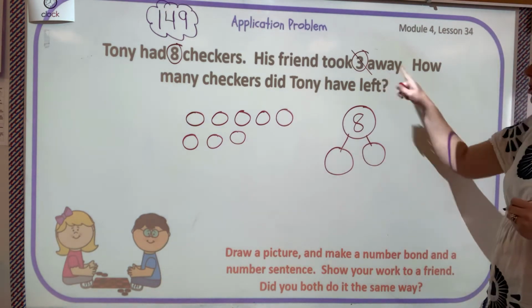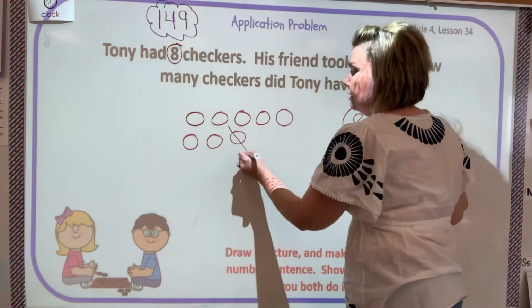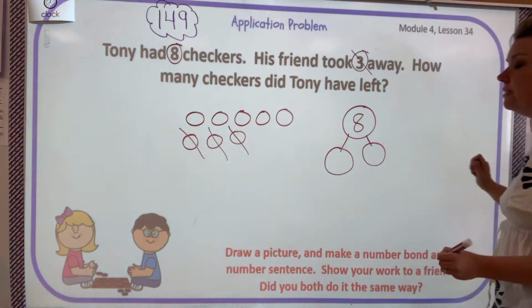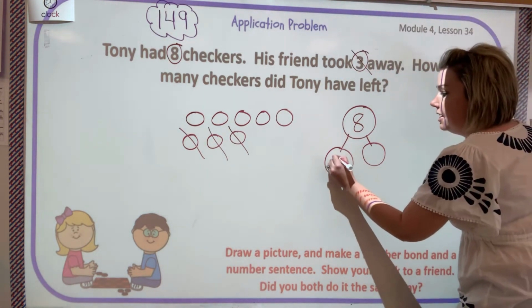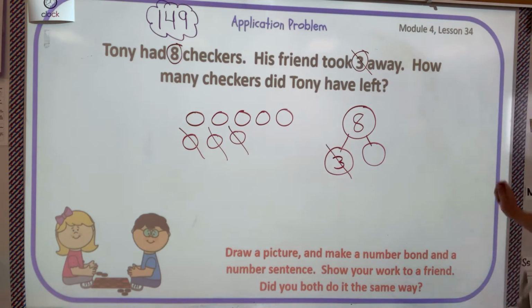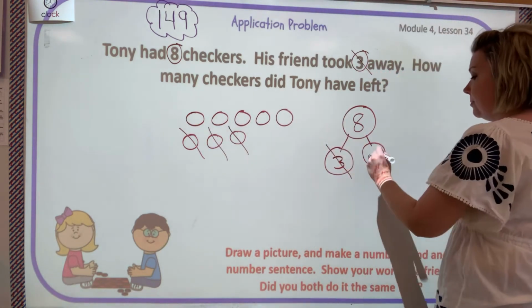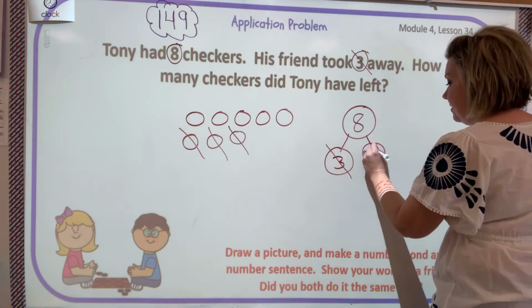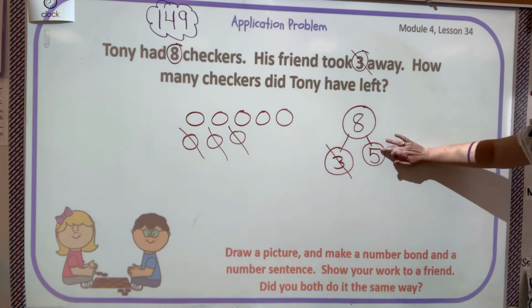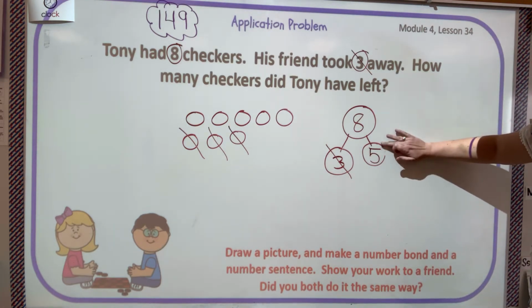Now his friend took 3 away. So I need to take 3 of them away and put that on my number bond. How many were left? See, 1, 2, 3, 4, 5. If my top row is there, then it has to be 5. 5 were left.